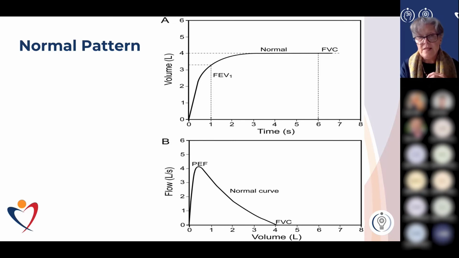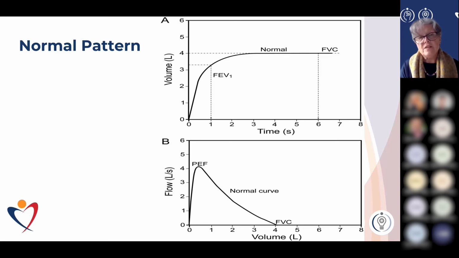But we can see from this graph, if you have a look, 3 litres of air came out in that first second, and the total volume is 4. So that's 3/4, 3/4 came out. So if we were to turn that into a percentage, that would be 75%. So it's above 70%, so nothing is obstructing the air here. So that would be a normal ratio.